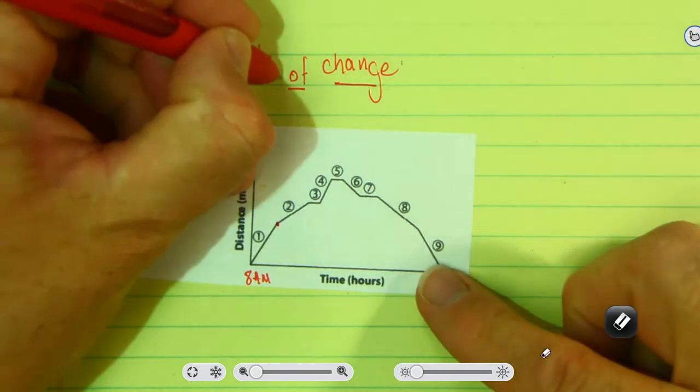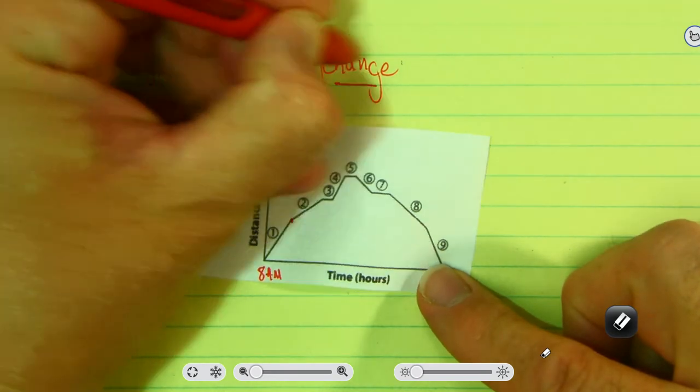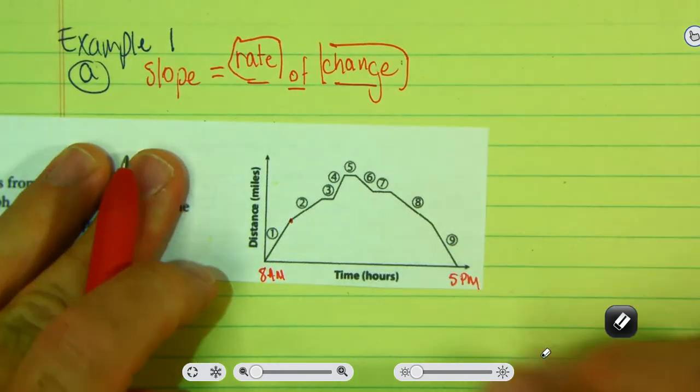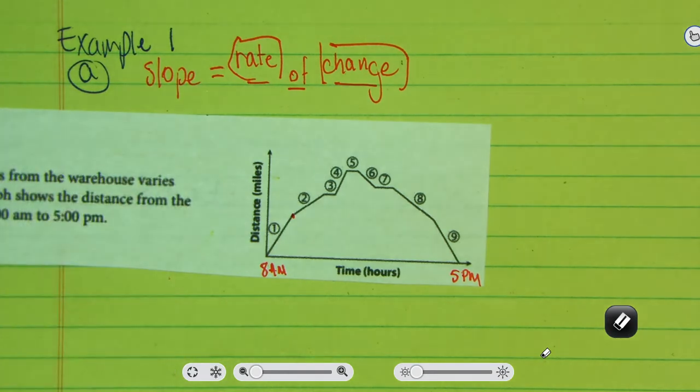The slope is the rate of change, and we've looked at slope before in middle school, but the steeper the slope, the higher the rate of change is.